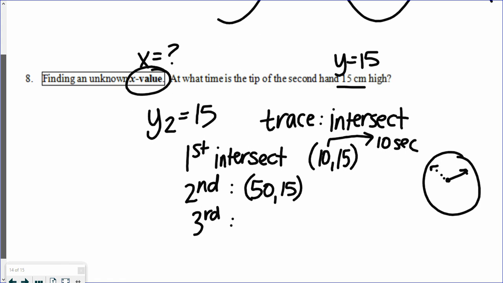If you trace the third intersection, it's at 70, 15. So it's gone around one time, that's 60 seconds, and then it will go 10 more seconds to be the same as originally. So that's a 60-second difference between those because the period of our data is 60 seconds.